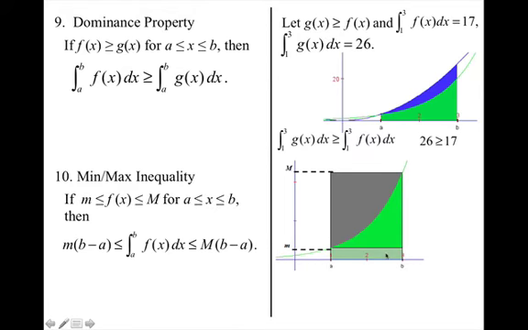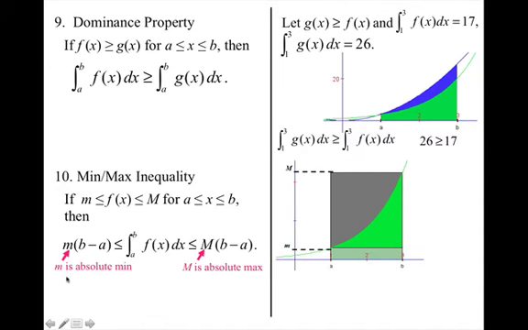And as you can see in the picture, the green area, it's apparent that that's more area than this little rectangle. And then what this also says is that if I was to take the area formed by a rectangle of a horizontal line where the maximum is, so this big darker gray rectangle, the area underneath the curve, so the green area, would have to be smaller than the area of the big rectangle formed by the maximum.